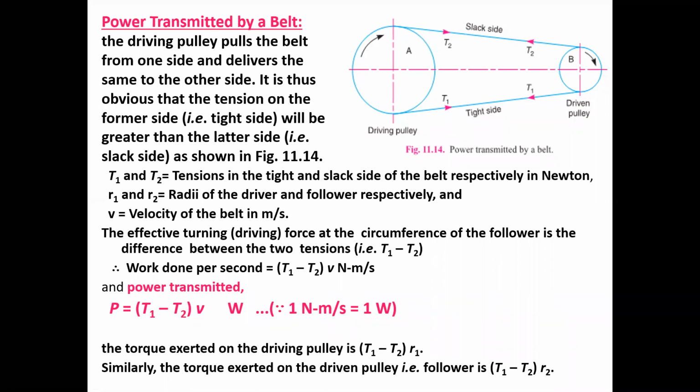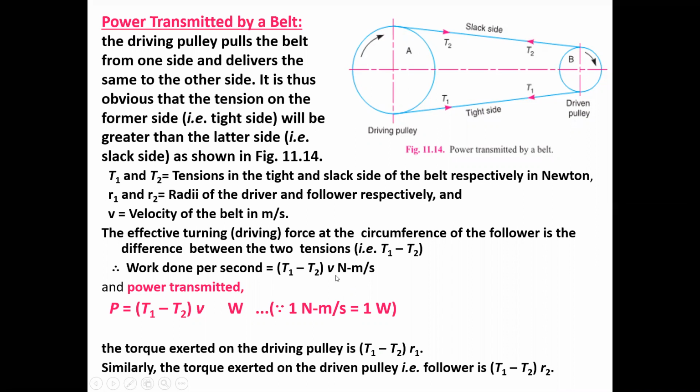In this, work done per second equals T1 minus T2 into V. That is the work done per second, which is also called the power.